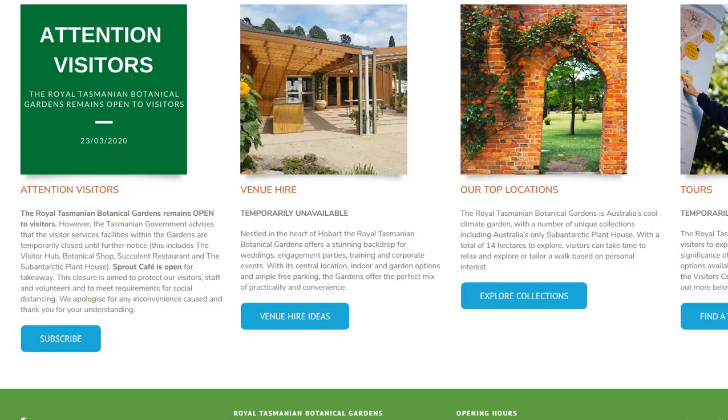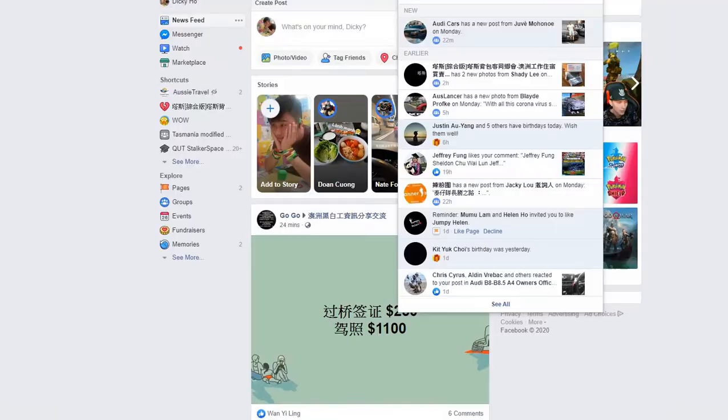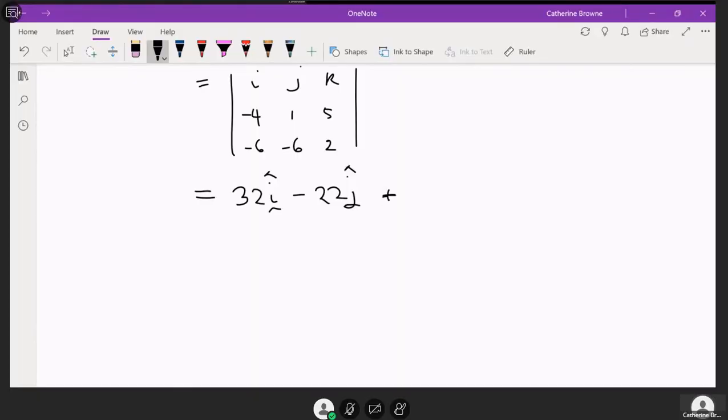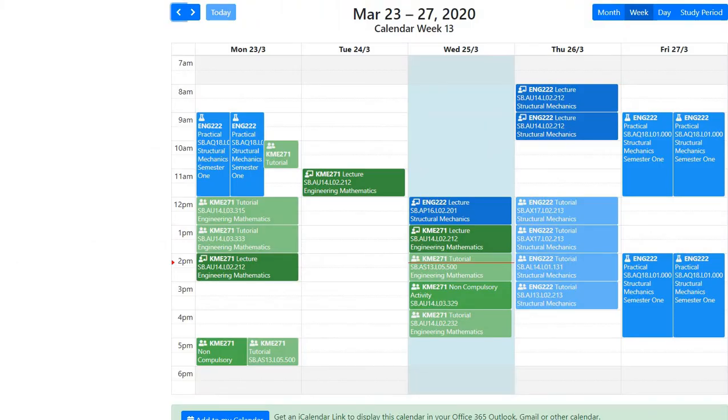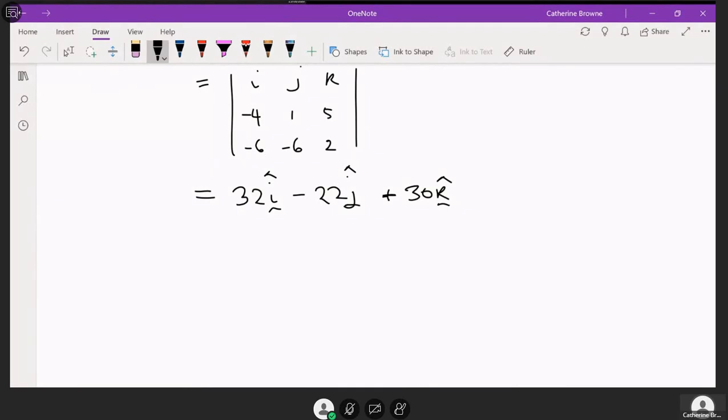And then it's going to be plus minus 4 times minus 6, so that's 24, minus 6, so that's plus 6, so it's plus 30k. So that's the vector triple product there.